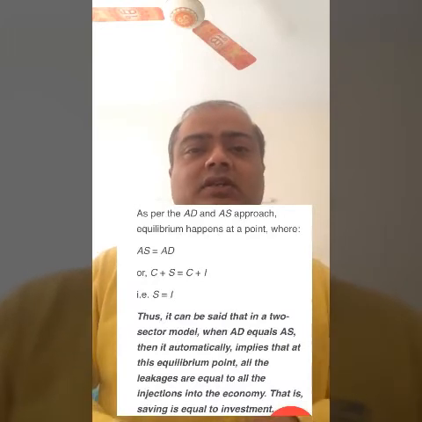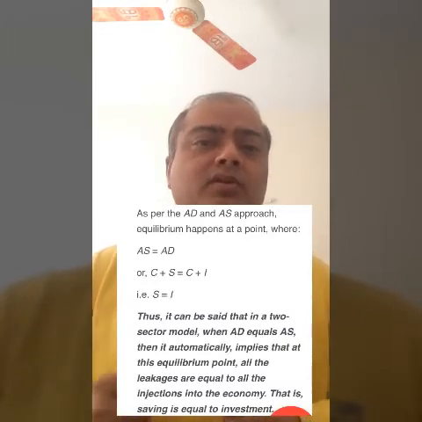So in this chapter, I'm going to explain these two different aspects of the economy's equilibrium. One is the aggregate demand and aggregate supply approach. It is also called the planned spending and planned output approach, or consumption investment approach. And the second is the planned investment and planned saving approach.